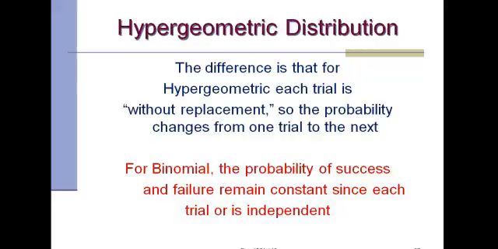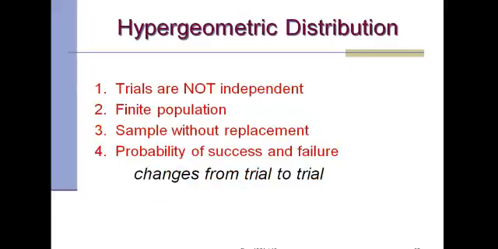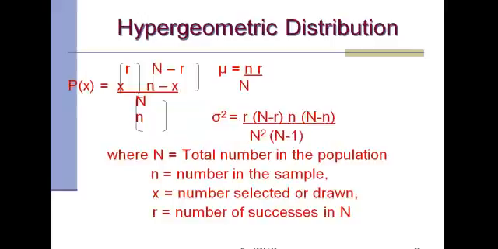Whereas with hypergeometric, they are dependent. So again, for hypergeometric, the trials are not independent, it's from a finite population, we sample without replacement, and the probability of success and failure changes from trial to trial.